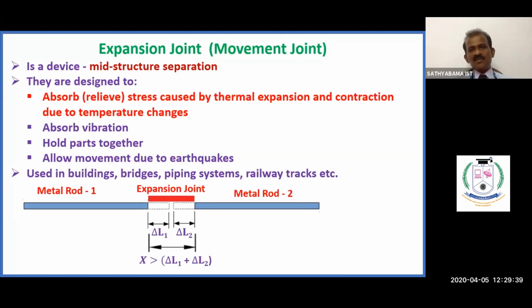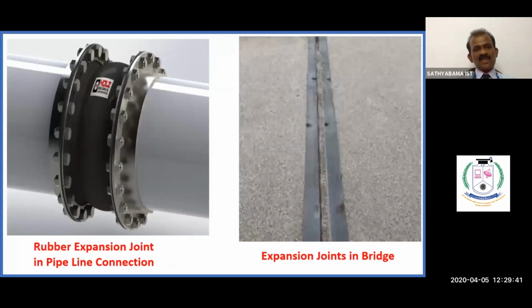Now see the examples. Here, in the first diagram, we have joined two metal pipes. The two metal pipes undergo thermal expansion, like change in lengths. Finally, that gap is filled by rubber material. So during expansion and contraction, this rubber can adjust the distance. Therefore, we can join two metal pipes with the help of a joint like a rubber expansion joint.